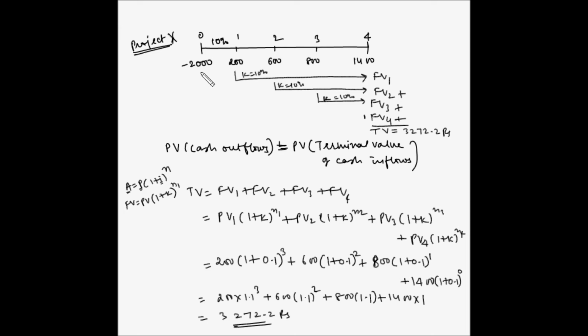Now we already have the present value of cash outflows because 2000 is in the present value form itself. Now we have to convert this terminal value into present value.